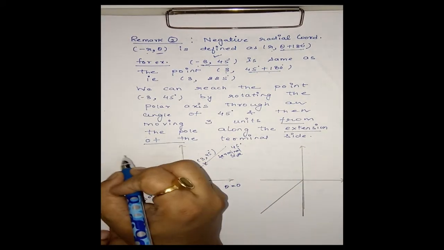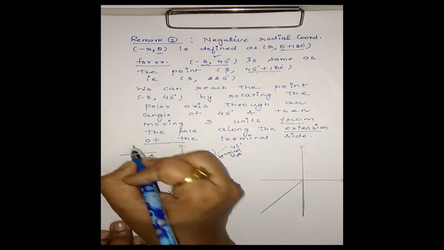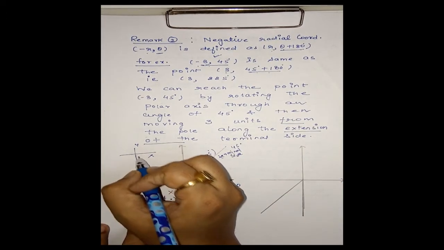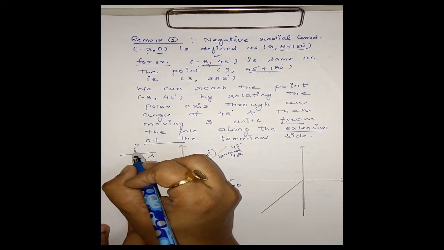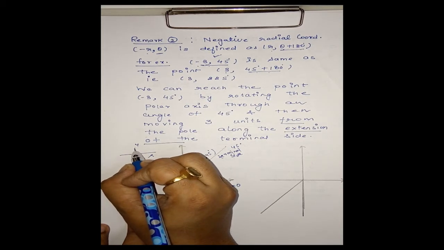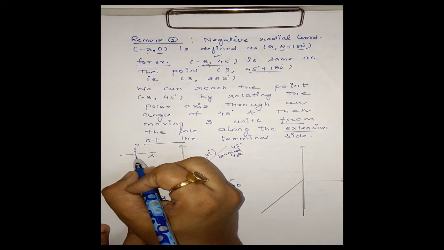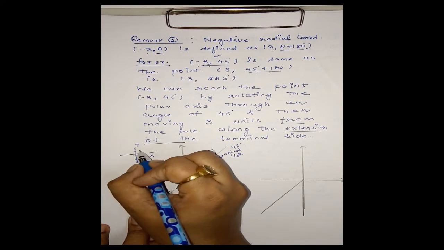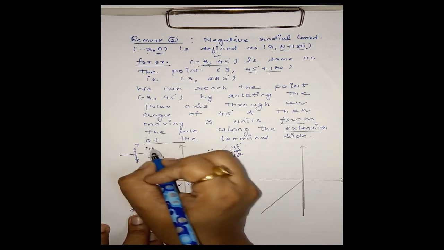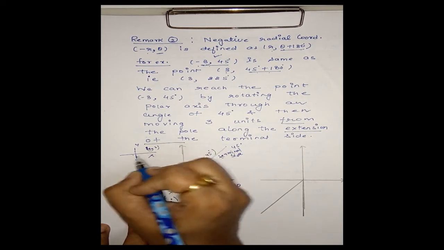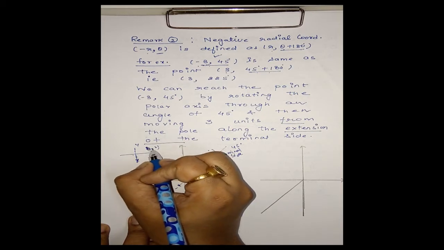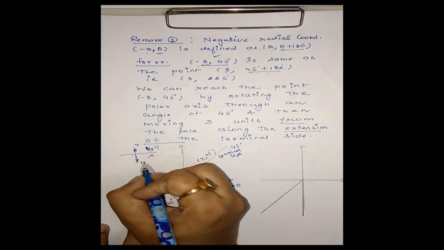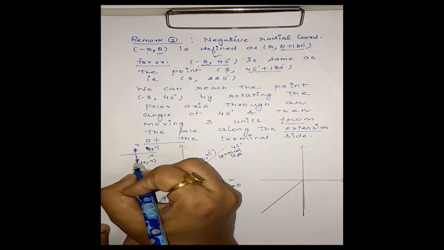As in the XY coordinate system, this is my x-axis, this is my y-axis. If I have to take negative values of y, then instead of taking in the above direction, we have to take below the origin. Here, if we have to plot (0, 2), then (0, 2) will be here and (0, minus 2) will be in the opposite direction.